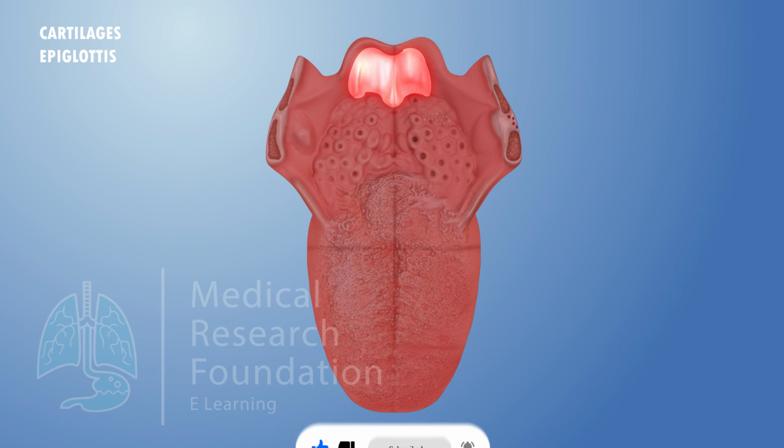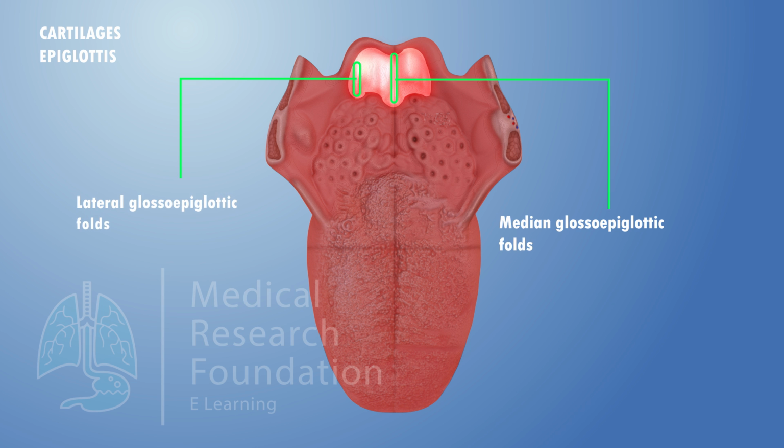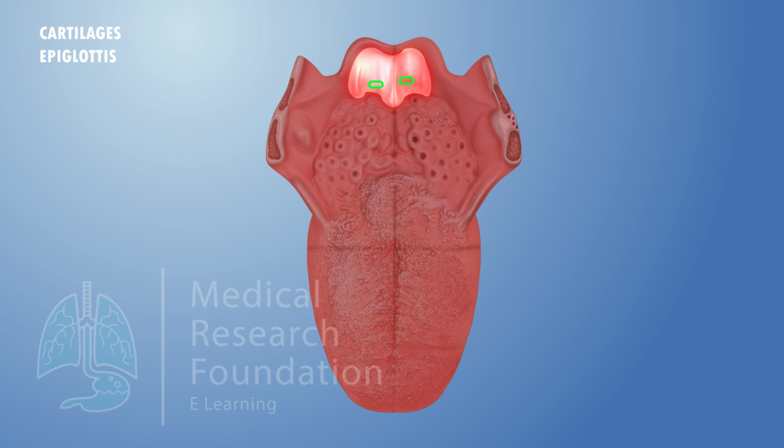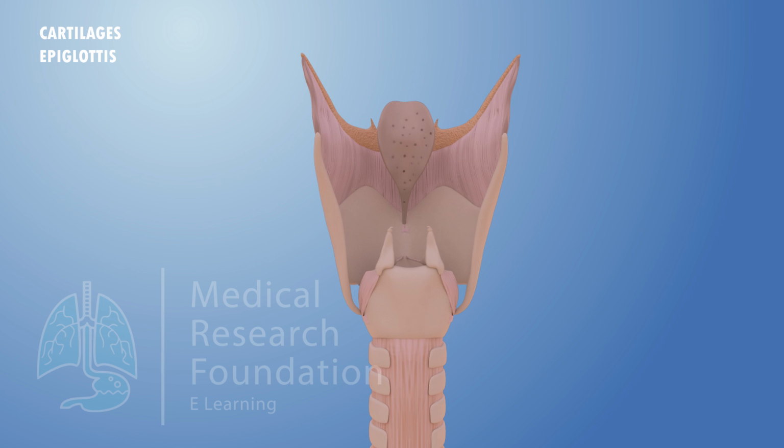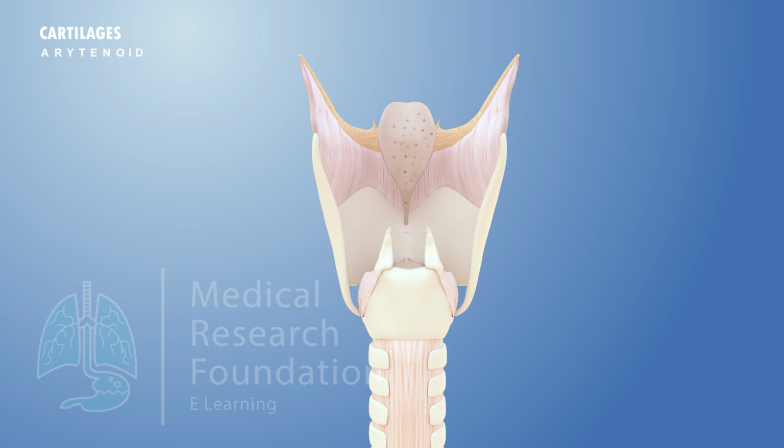The anterior surface of the epiglottis is connected with the base of the tongue by median and lateral glossoepiglottic folds. The depression on each side of the median fold is called the vallecula. The posterior surface of the epiglottis presents a tubercle in its lower part.